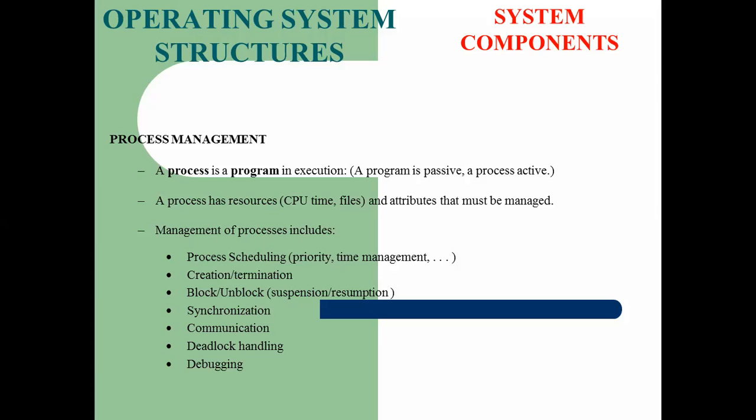There are various other attributes which will be managed by the operating system. Management of process includes process scheduling, where you provide the priority. If a number of programs are running, then we provide the priority, and we also manage the time.